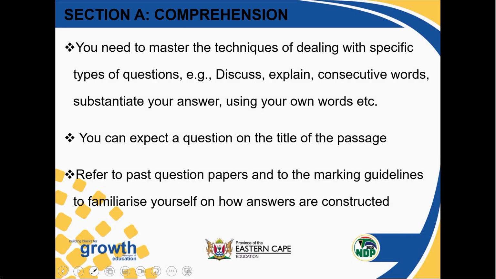So substantiation means giving a reason why you have taken this as your point that answers the question. Then you must explain or substantiate or give a reason why you are saying what you have picked is a point. I hope this one is also clear.